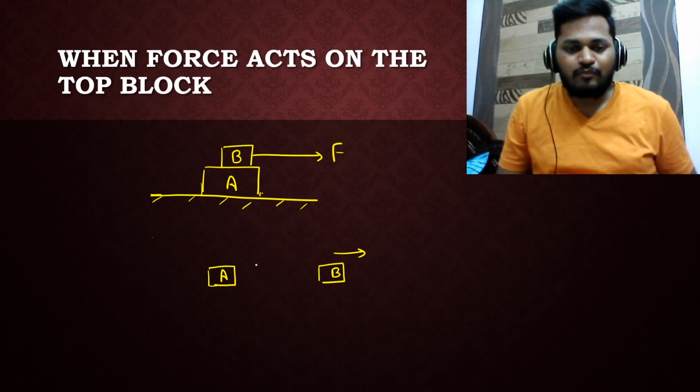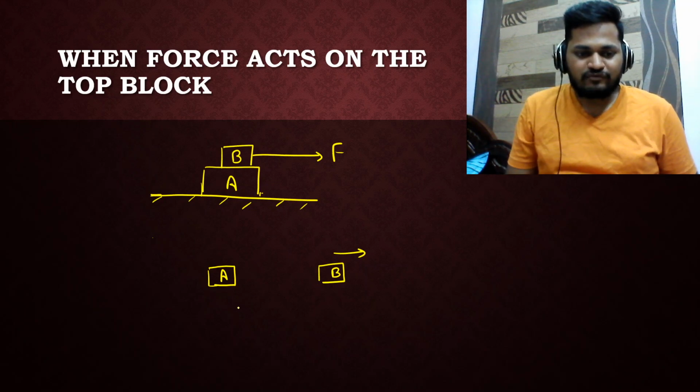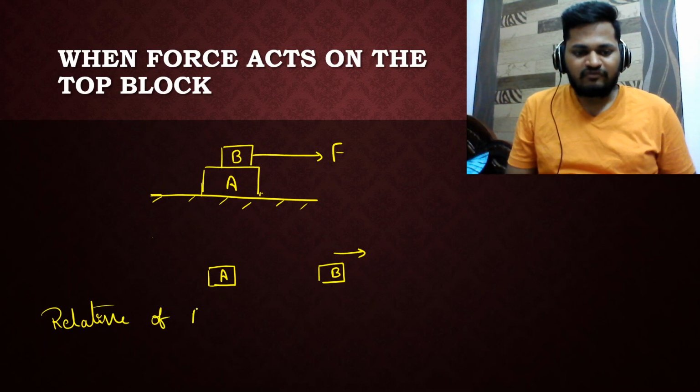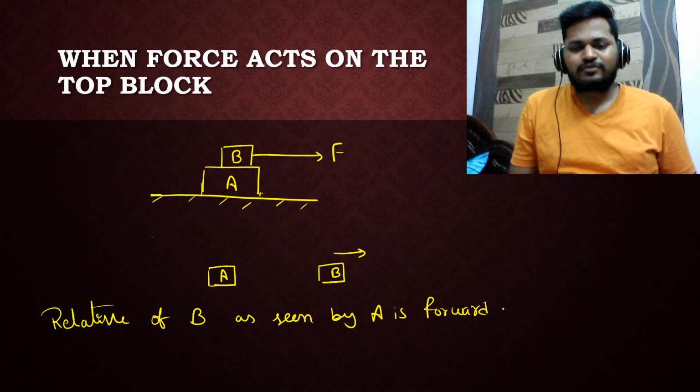If there is no friction, A should be there itself and B should be moving forward. So now relative motion of B as seen by A is forward only. So what should be the direction of friction?